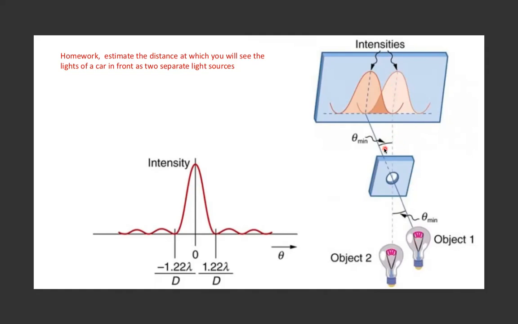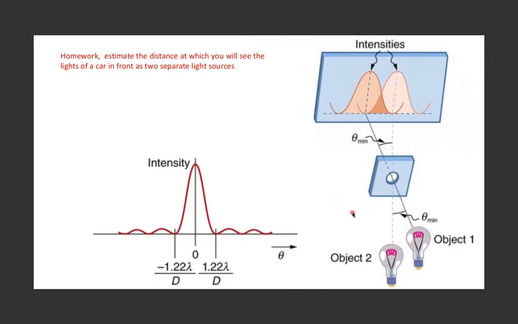Now, there's a minimum angle, and that minimum angle has to do with this criterion. So this is the homework here. It's not very well defined. It's an estimate. You have to estimate the distance at which you will see the lights of a car in front as two separate light objects instead of one.